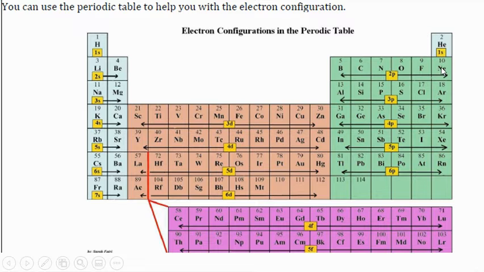This is your 2p, 3s, a 3p, 4s. And remember, when you get into this D level, you have to subtract 1. So this is 3d. This is 4p. And you just keep following a numeric sequence until you get to where you're going.